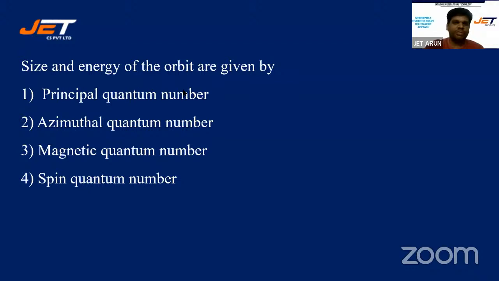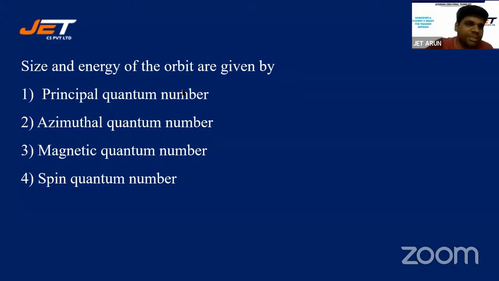Size and energy of the orbit are given by principal quantum number, azimuthal quantum number, magnetic quantum number, or spin quantum number? Consistent response this time. Everyone is right.